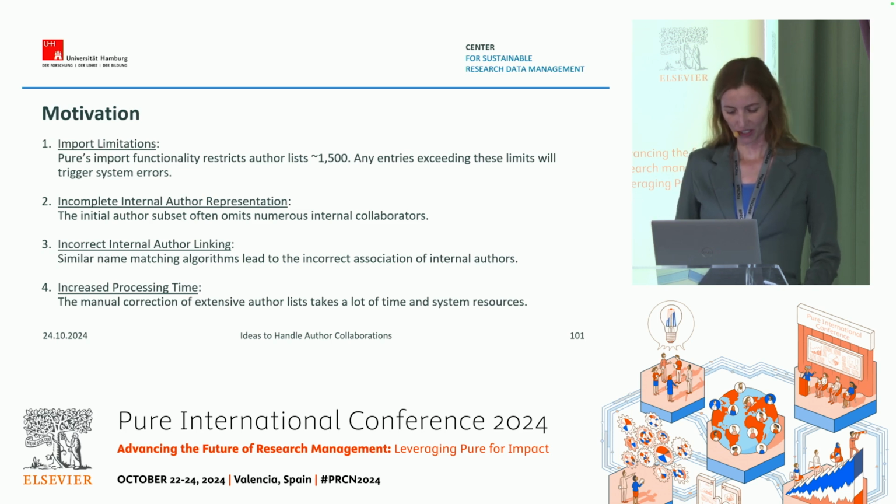The third challenge is incorrect internal author linking. When you have a similar name, there's a name matching algorithm, and it often leads to incorrect associations of internal authors. For example, when there's a similar family name, people from the law faculty will appear in the author list of a physics publication.